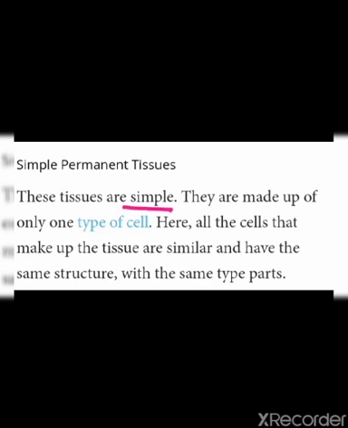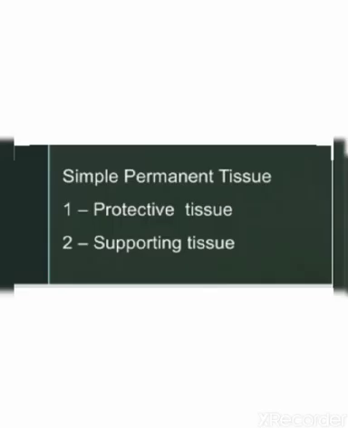They are made up of only one type of cell. Here all the cells that make up the tissues are similar and have the same structure with the same type of parts. This tissue provides support and protection to plants and is further classified into two types.